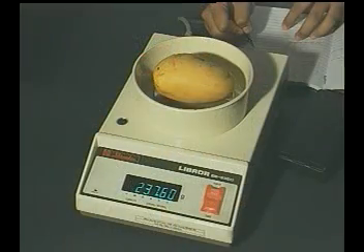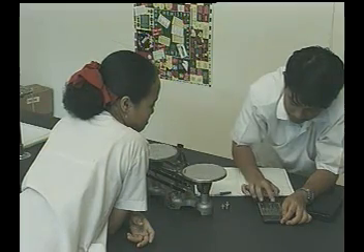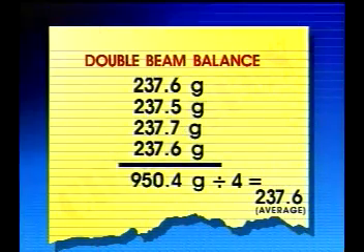In scientific measurement, the value we report is often the average of the values measured. In this example, the average values are 237.01 using the top loading balance and 237.6 using the double beam balance.